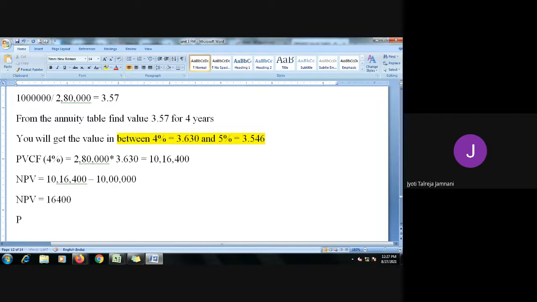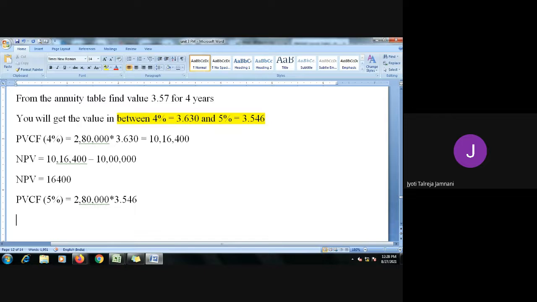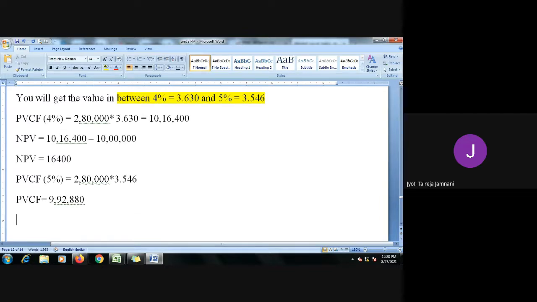Now we'll find the present value of cash flows at 5%. We've already written down the annuity rate, so we'll do annual cash flow 2,80,000 into, at 5%, just see the rate is 3.546. So into 3.546, when you multiply, you get a present value of cash flow of 9,92,880. Now we can find the NPV.